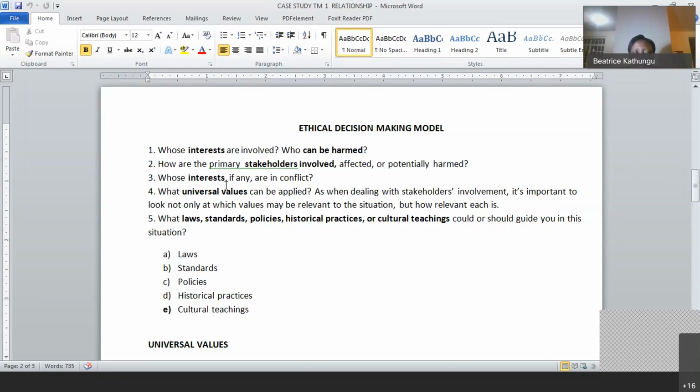And remember, we said that White and Popovich extended model separates the laws from the standards, from the policies, historical practices, and cultural teachings. For example, when you talk about standards, it could be the ethical standards, like the NADAC principles or the NADAC standards. So consider that. When we talk about the policies, it could be the program policies. If you have a sponsor in that program, it could be the sponsor interests. So all this you think about.